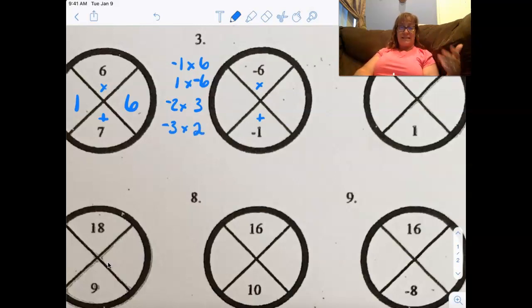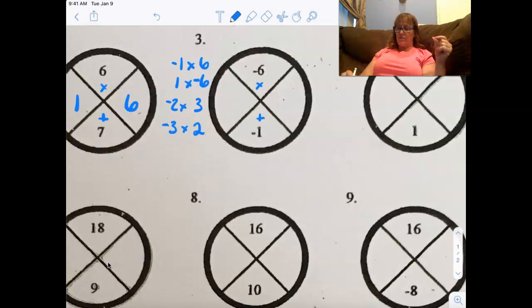Those are all the ways to get -6. But now let's look how they change when we add them. A -1 plus a positive 6 is going to give you a positive 5. But a 1 plus a -6 would give you a -5. Well, neither one of those fit this problem here, do they?